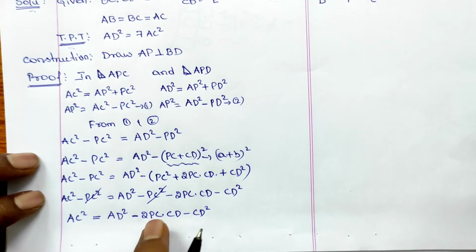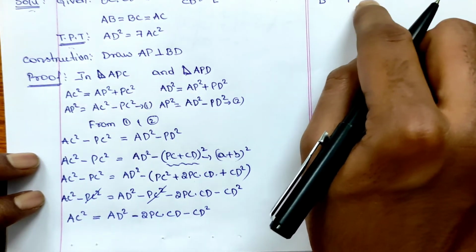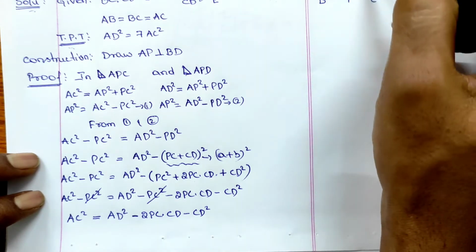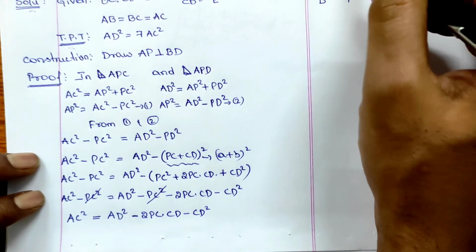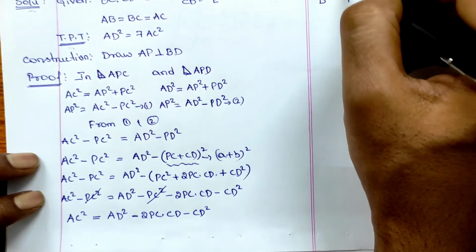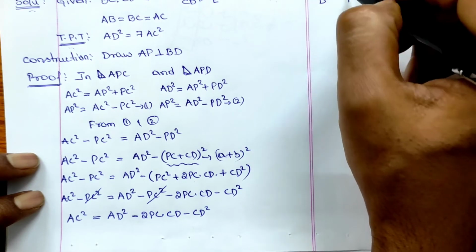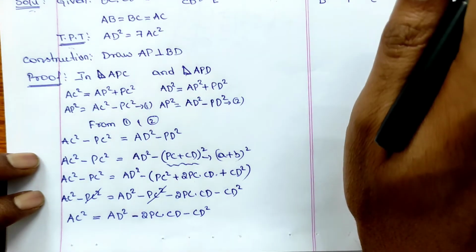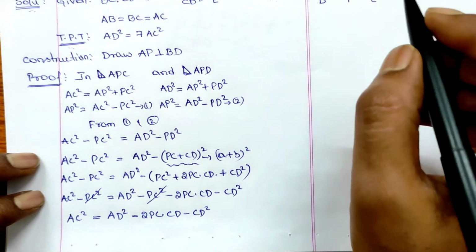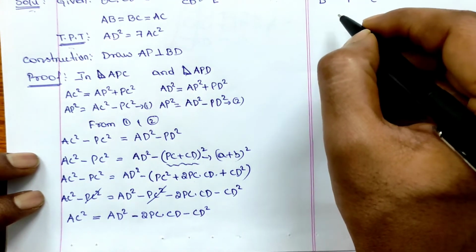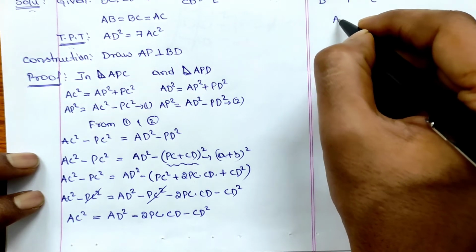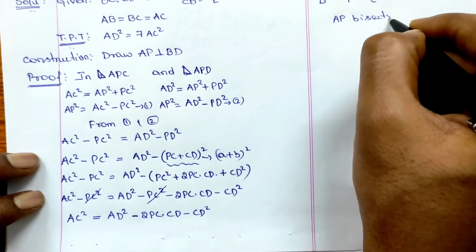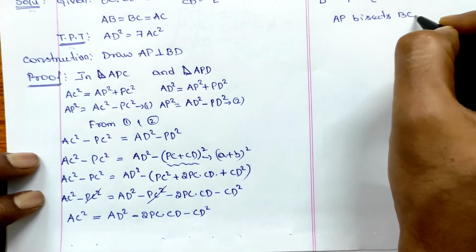Now what is PC? Very important relation here. In the equilateral triangle ABC, AP is called the height or altitude. The nature of the altitude in an equilateral triangle is that it bisects the base. That is, AP bisects BC.